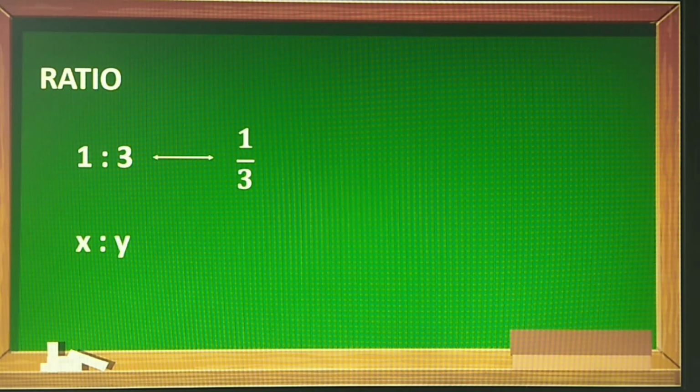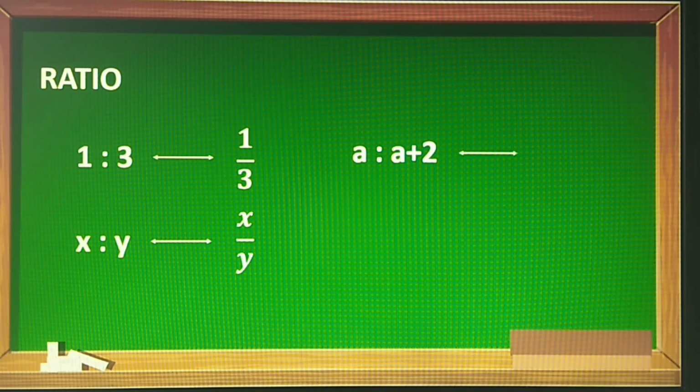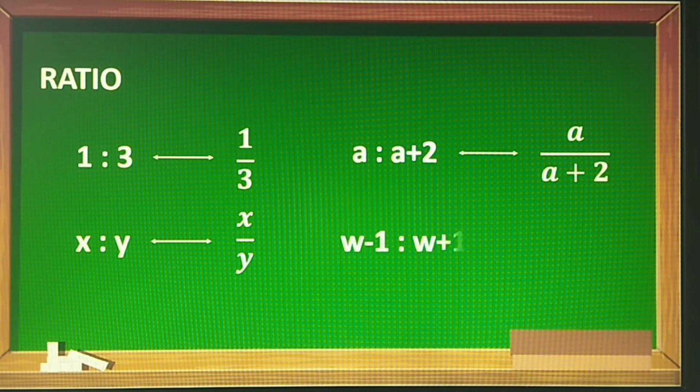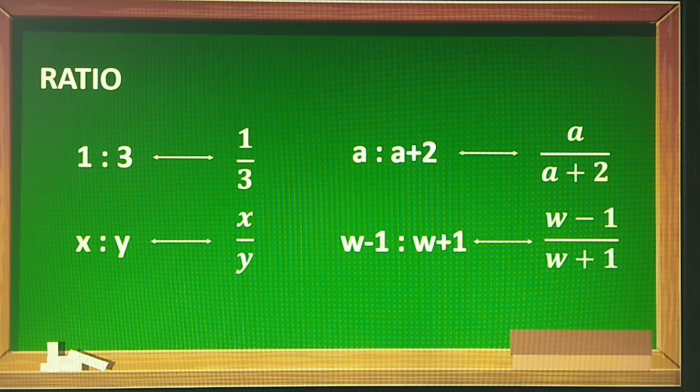Another is x:y, which can also be written as x/y. A plus 2 can be written as a/a plus 2. W minus 1 : W plus 1 can also be written as (W minus 1)/(W plus 1).